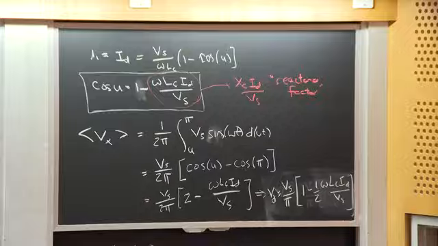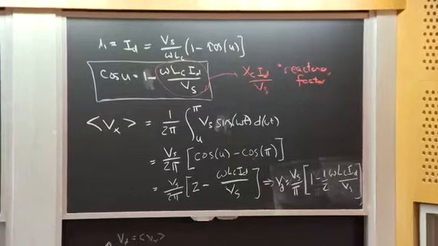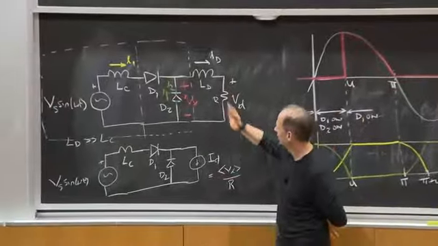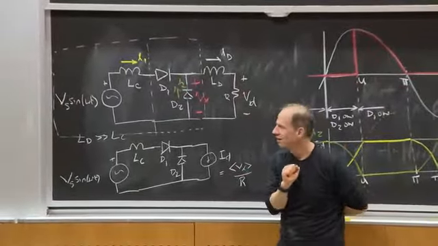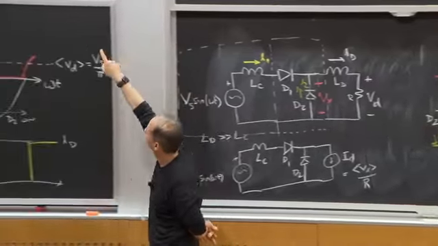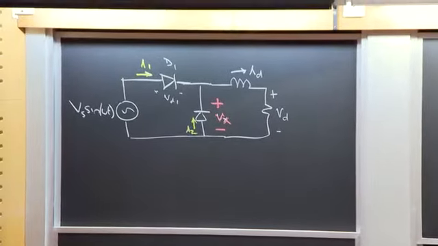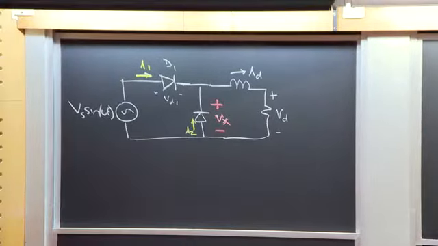Okay? So it's also, by the way, if I wanted to figure out, imagine I came to this rectifier and I dropped a short circuit on it, right? If I told you, oh, take that thing and make the resistance go to 0, you'd think, well, I'd get infinite current, wouldn't I? Because I'm basically taking a voltage source and putting a short circuit on it, and you get infinite current.